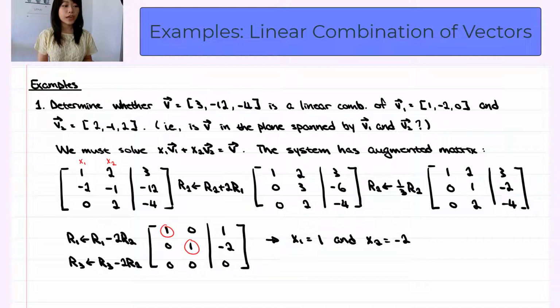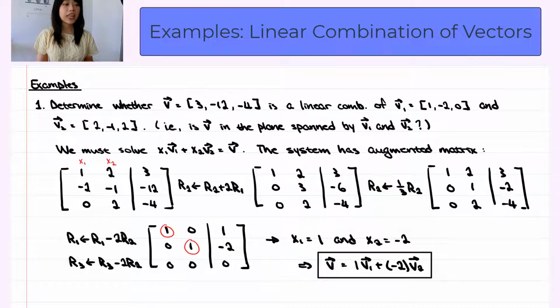So to answer the question, yes, we can write b as a linear combination of b1 and b2. If we substitute x1 and x2 back into our system, then we can rewrite b as 1 times b1 plus negative 2 times b2. And it is now written as a linear combination of b1 and b2.